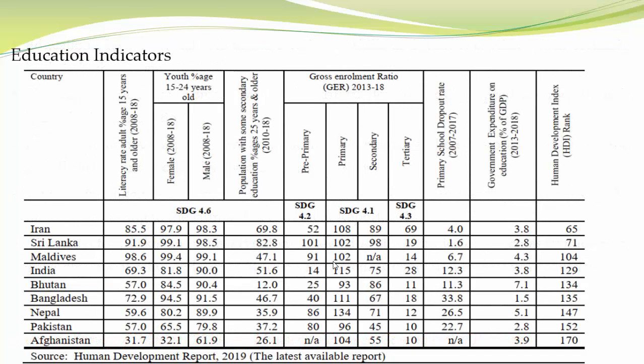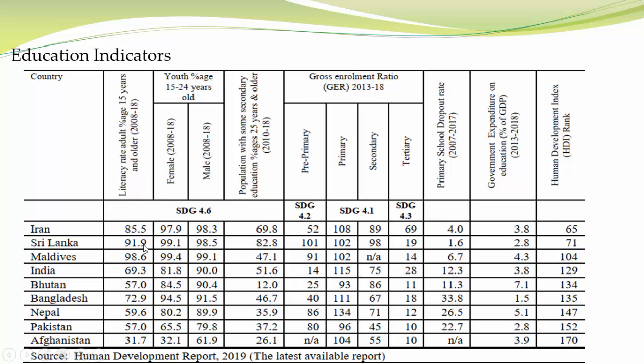The chart shows some regional education indicators, just like we showed in the last chart in the case of health. This is literacy rate as a percentage of the population 15 years and older. In Iran, the literacy rate is 85%.